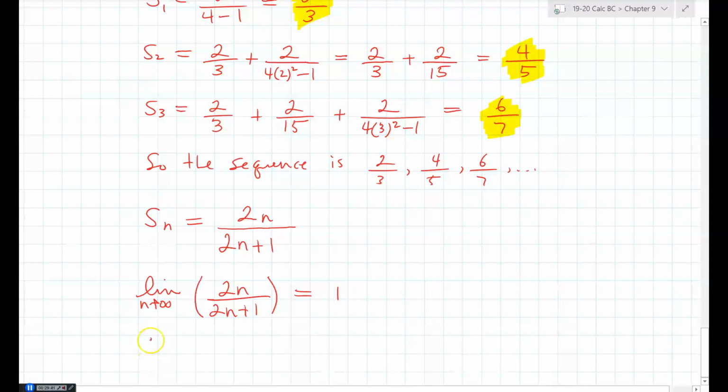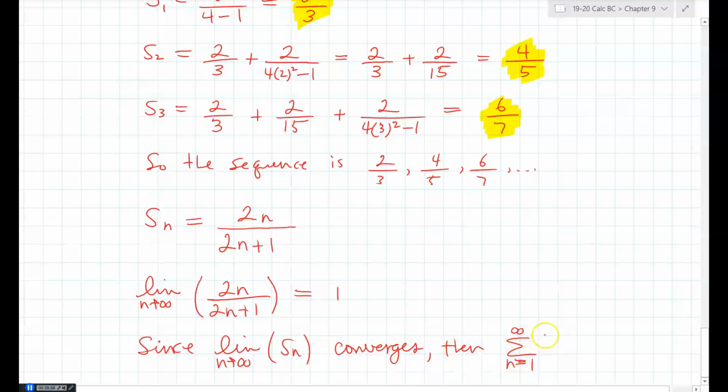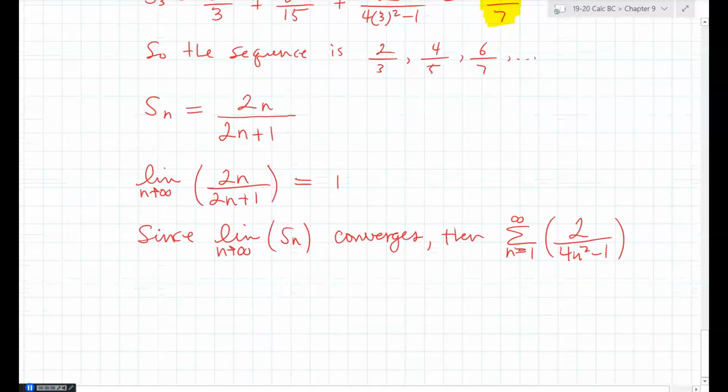So since the limit as n approaches infinity of S sub n converges, then the sum as n goes from 1 to infinity of 2 over 4n squared minus 1 also converges.